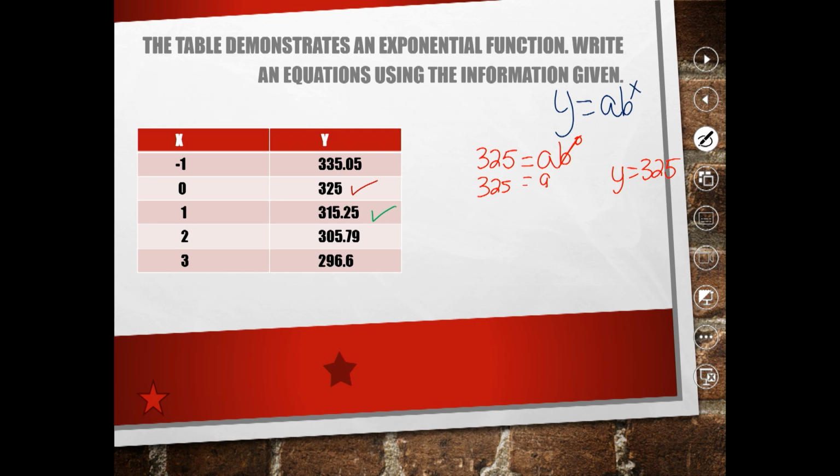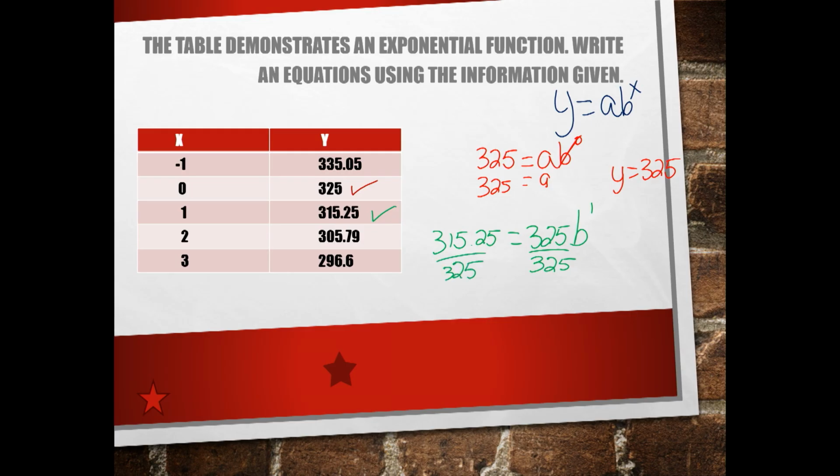So I'm going to use 315.25 equals, well, I know 325 is my a, times b to the 1. Anything to the 1 power is itself. So I'm going to get b by itself by division. All right, so since I used that division, I have b equals 315.25 divided by 325.